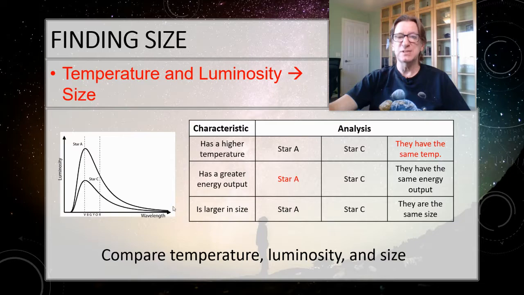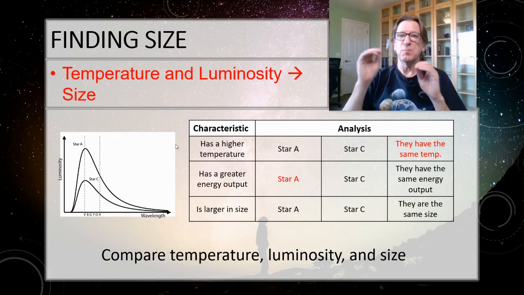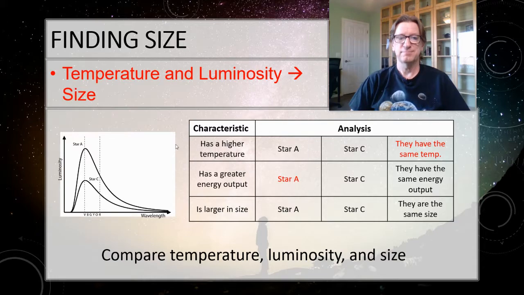All right, now here's the new part. Which one is larger in size? Star A, star C, or do they have the same size? Think about comparing the brightness versus the temperature. Pause the video, see if you can figure it out. All right, so star A is brighter than star C, yet they have the same temperature.